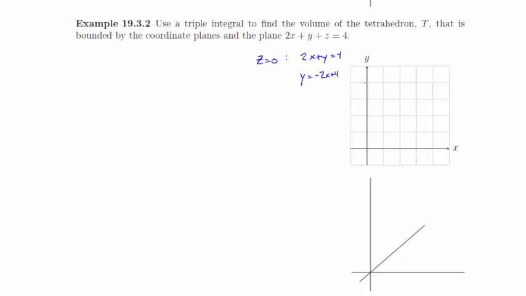So here, if y is 4, and I'm going to change my scale. So this is 2 here, 4 here. Note that that's important. We have the point 2, 0 here, the point 0, 4 here.